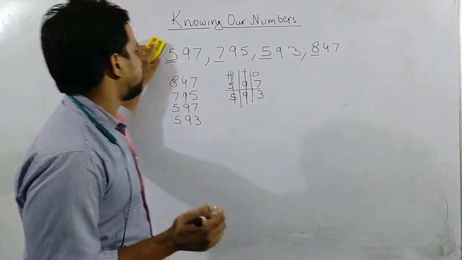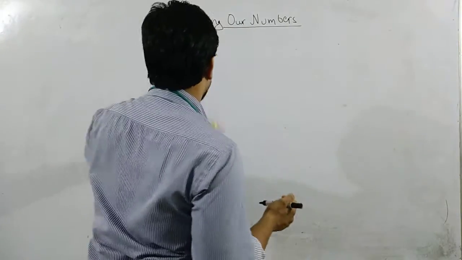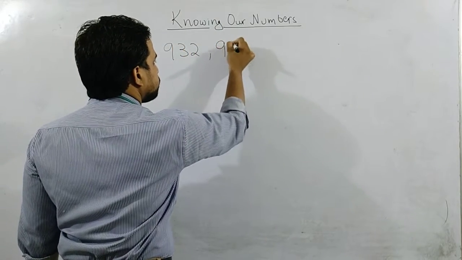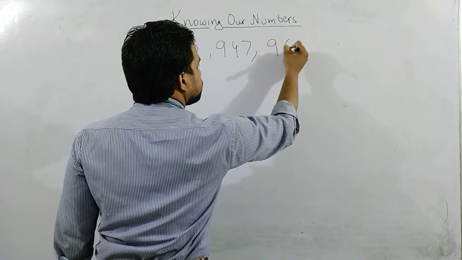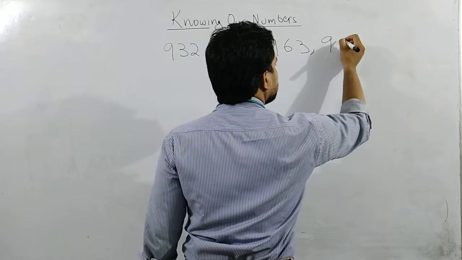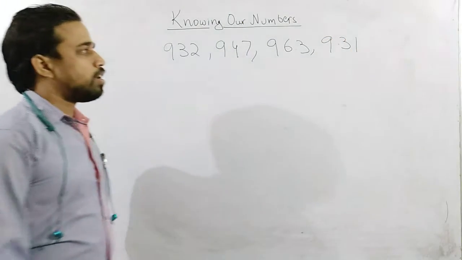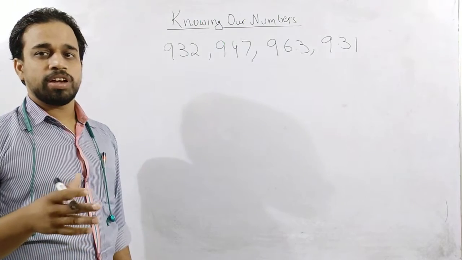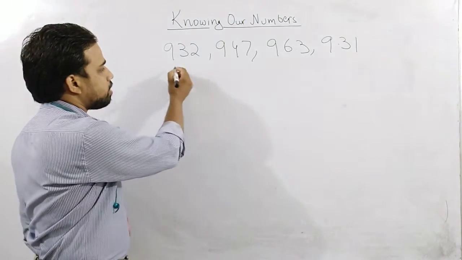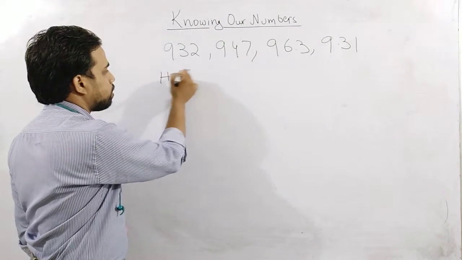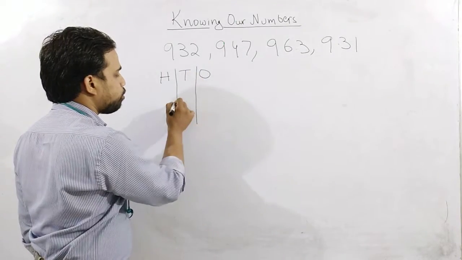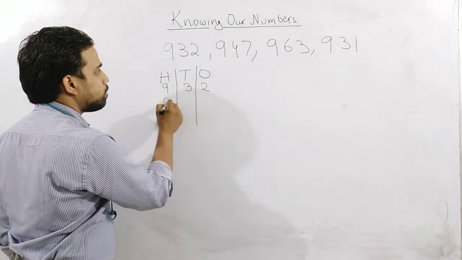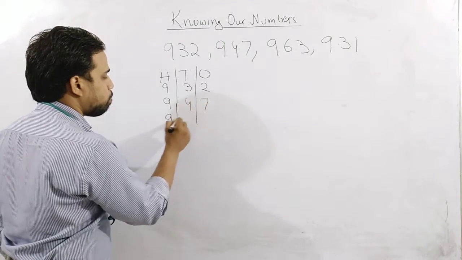Let's take another example. Now, if we divide all these numbers into hundreds, tens, ones, we will see that each number in the 100th position is the same.